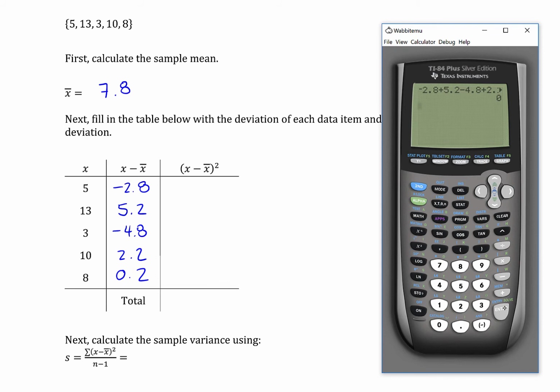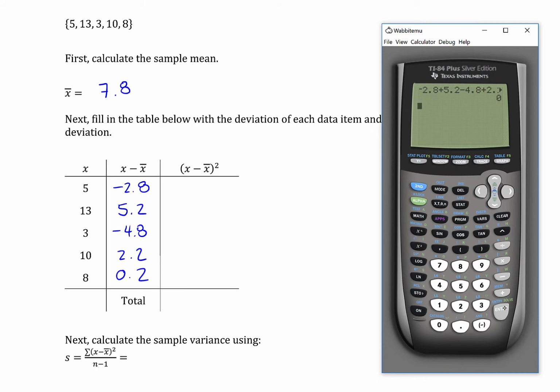The problem is that it's not just this data set, it's a property of how the mean and deviations work together. The sum of your deviations is always 0. That's an issue because every standard deviation we try to calculate would just be 0, and that's not a very useful measure.